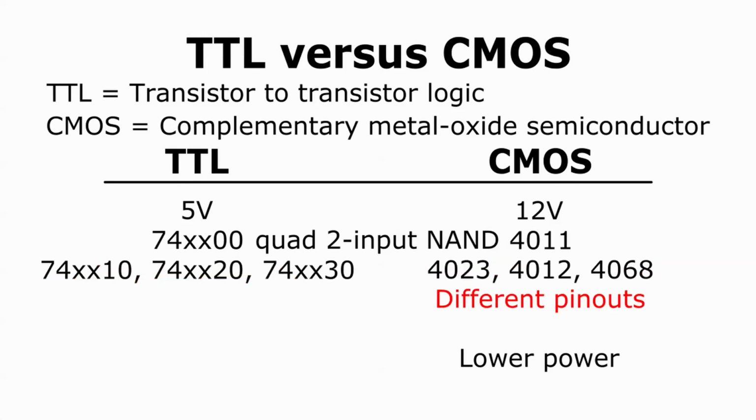Note that the pinouts for the CMOS chips are not the same as those for their TTL counterparts. The lower power supply usage of CMOS chips comes at a price. They're slower, meaning they have longer propagation delays and longer rise and fall times. In addition, they have lower output currents.